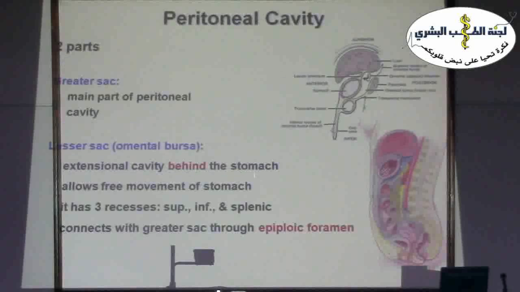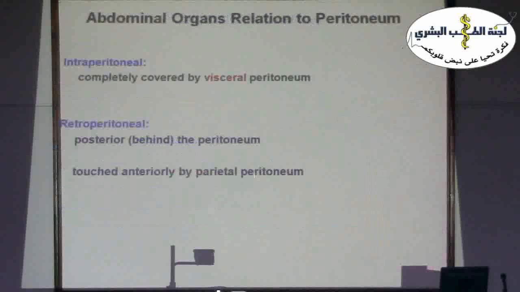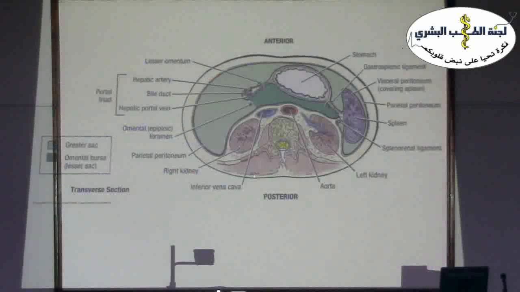What about the peritoneal cavity now? If you look here in the cross section, there is something to make it much easier to study the peritoneum. Anatomists usually divide the peritoneal cavity, the fluid-filled cavity, into two parts.